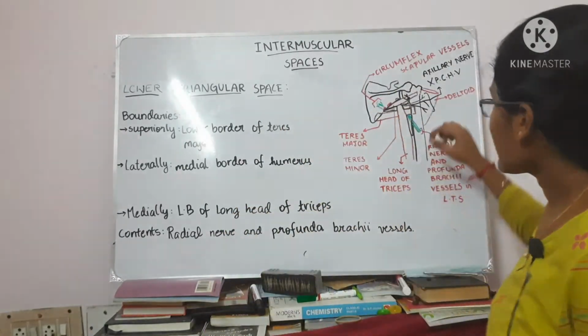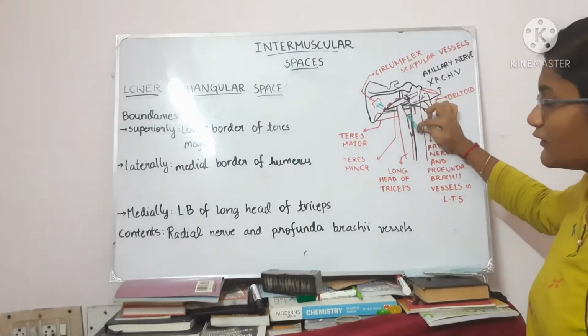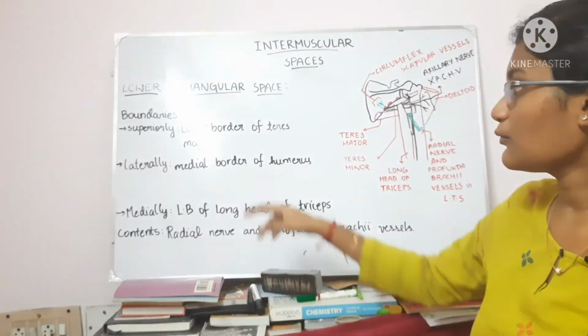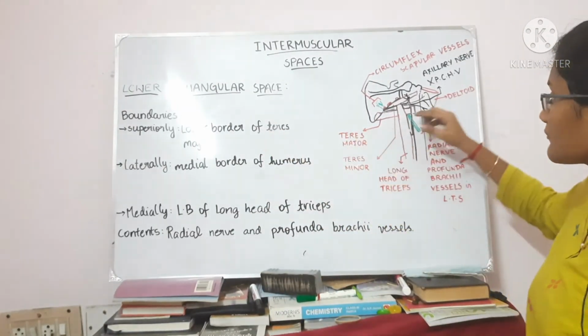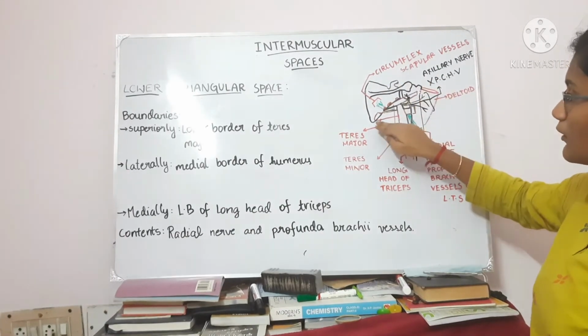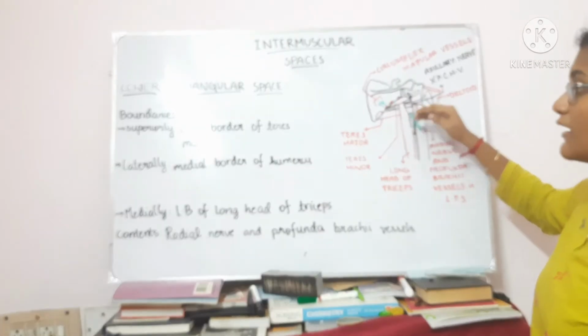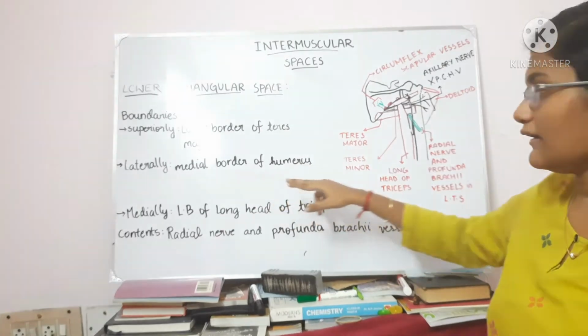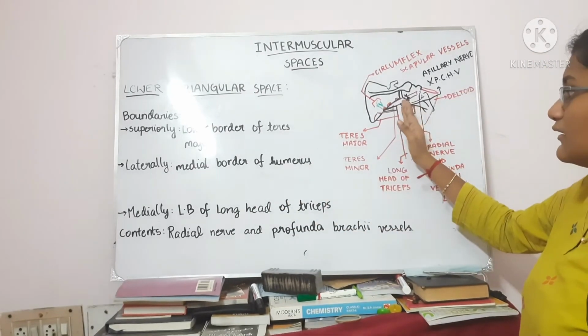So coming to the lower triangular space. The lower triangular space is present over here, and it is bounded superiorly by the lower border of the teres major. So you can see this is the superior aspect. It is bounded by the lower border of the teres major, and laterally it is bounded by the medial border of the humerus.